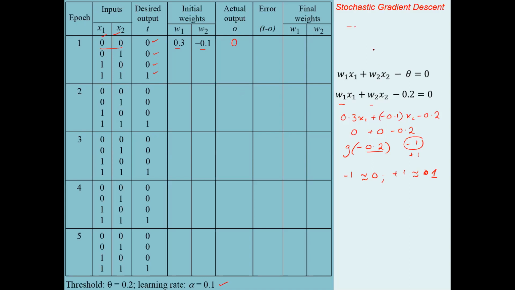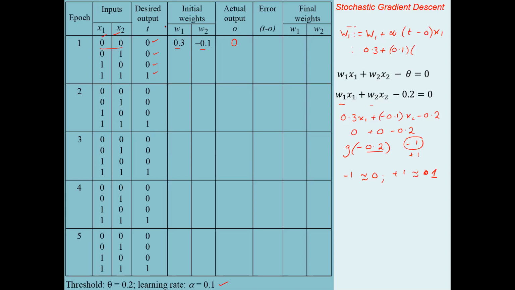Now, if you remember, what is the weight update equation? W1 is W1 plus learning rate times target minus output times X1. This is the expression I showed you a little while back. The only difference is that instead of eta, I'm using the symbol alpha. So W1 was 0.3 plus alpha, which is 0.1, times target minus output.